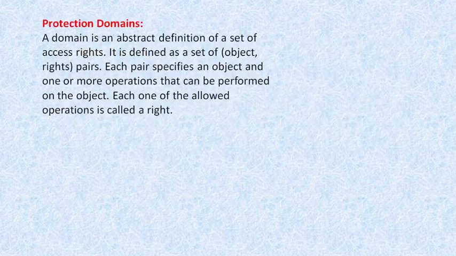From time to time, the subjects may need to change the set of access rights. Every time I may not be the only one accessing that file F1. Some user B wants to access that file. In such a case, the access right privileges should be changed.